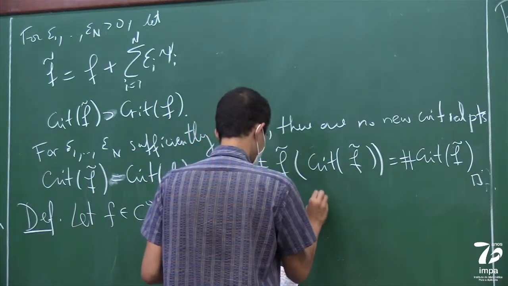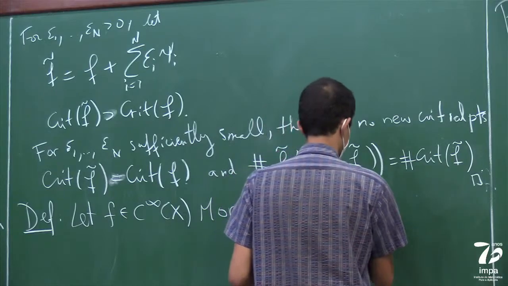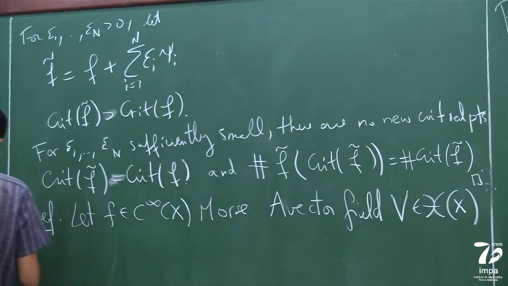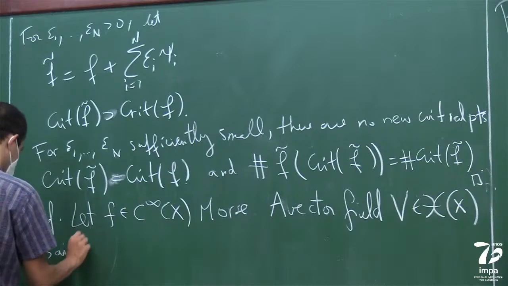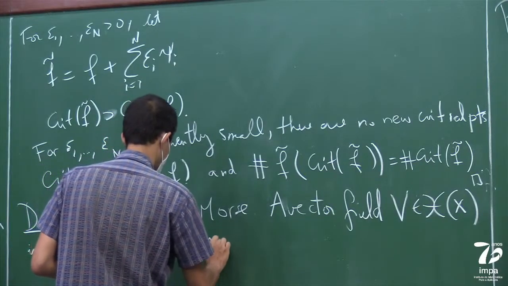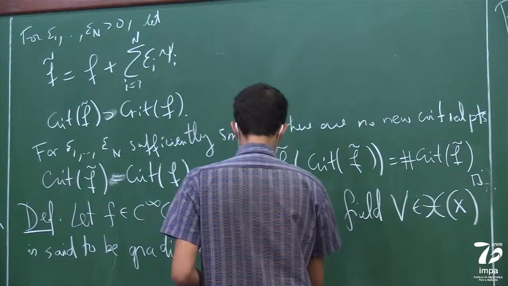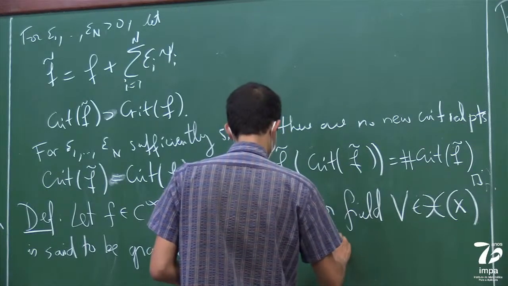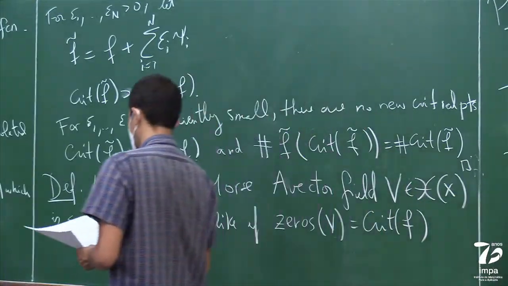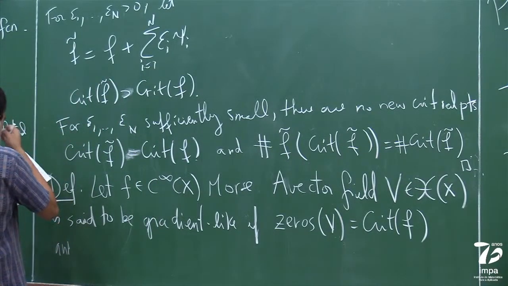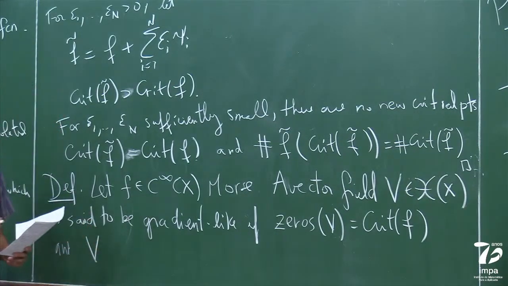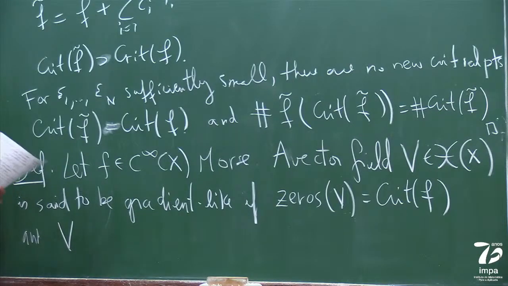So if I take a Morse function, a vector field V is said to be gradient-like if the set of zeros of the vector field is equal to the set of critical points, and whenever you don't have a zero, the vector field points in the direction of increase of f.